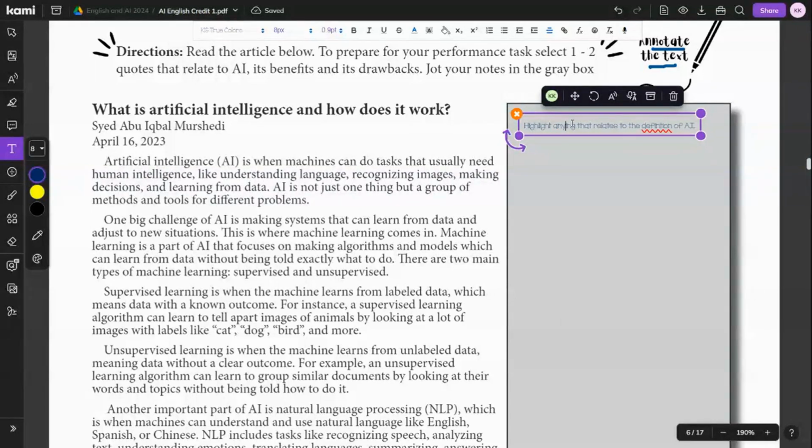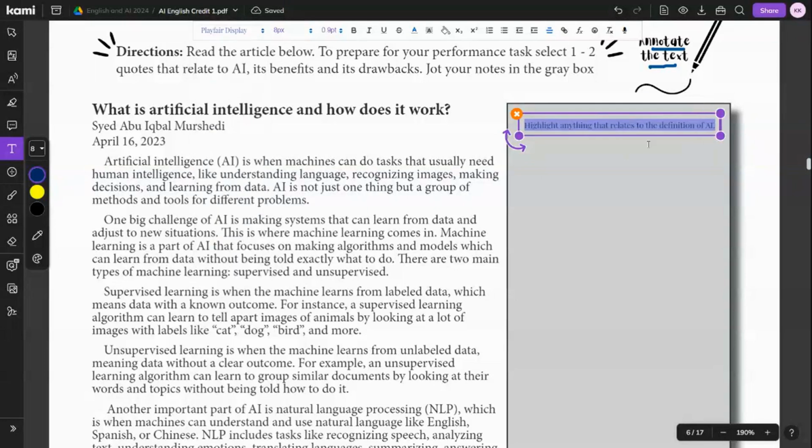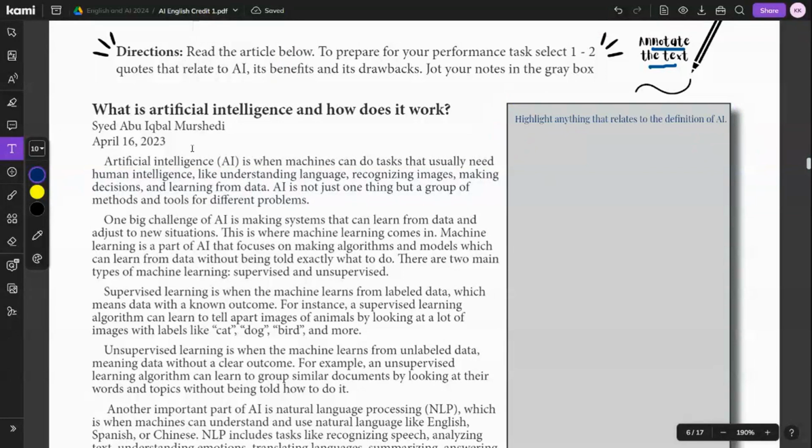And of course, Mrs. Kamara can write this, so go ahead and jot this down as well, because this is part of taking notes. I'm going to change the font so it's a little easier for you to read. Let's make it this one. I'll make it just a little bit bigger. Okay, so highlight anything that relates to the definition of AI.